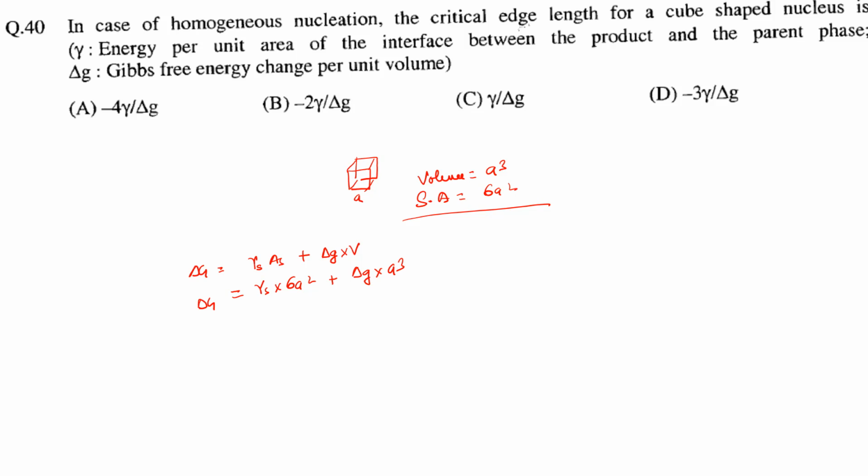So now to find the critical edge length, we need to differentiate it. So d(delta G) by da will be 12a gamma S plus 3a square delta G. Now we will have to equate it with 0, right? So 12a gamma S is equal to minus 3a square delta G.